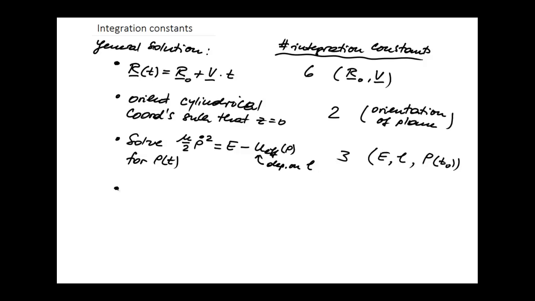Once we have rho as a function of t, for the complete solution we still need phi, the angular coordinate phi, as a function of t. In order to obtain phi as a function of t, we must insert the solution for rho of t that we had just obtained into the area law.